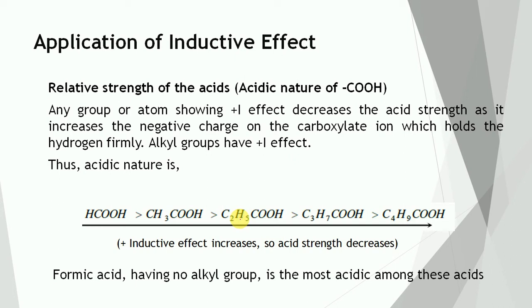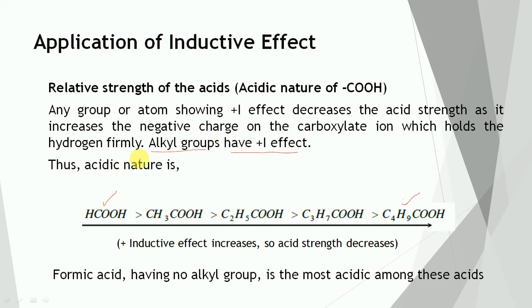So now again, let me explain the relative strength of the acids. If we compare various acids, formic acid is the strongest among these five, and butanoic acid is the weakest, and the reason is the presence of the alkyl group, which has a positive I effect.